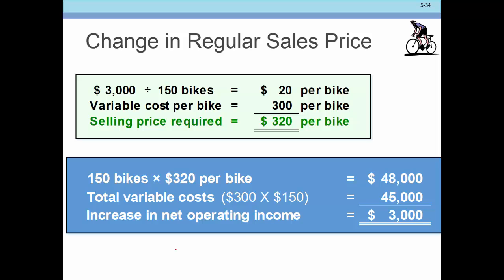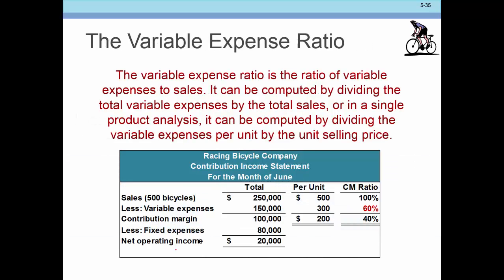Okay, good. Let's go ahead then and consider this notion of the variable cost percentage. Some of the problems won't give you the contribution margin ratio. They'll give you the variable cost ratio. Can you hang with that? In a situation like that, they'd probably just be giving you this information here, not this part.